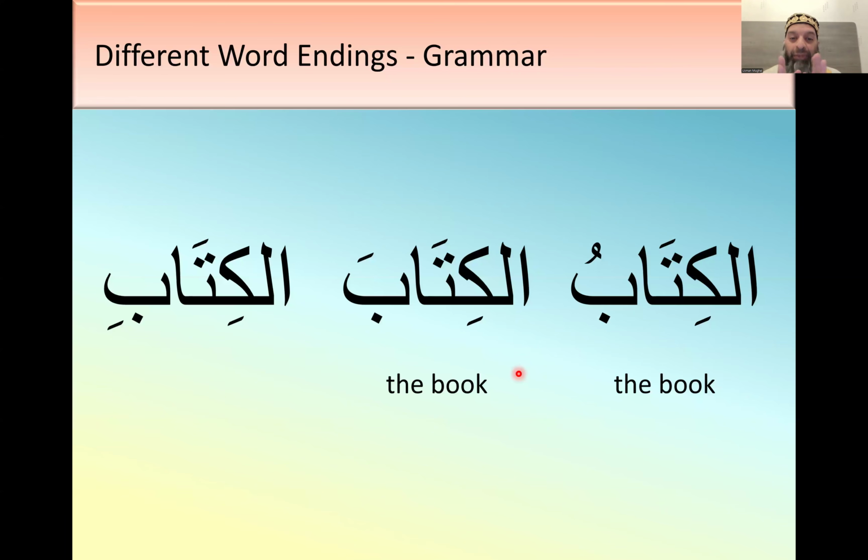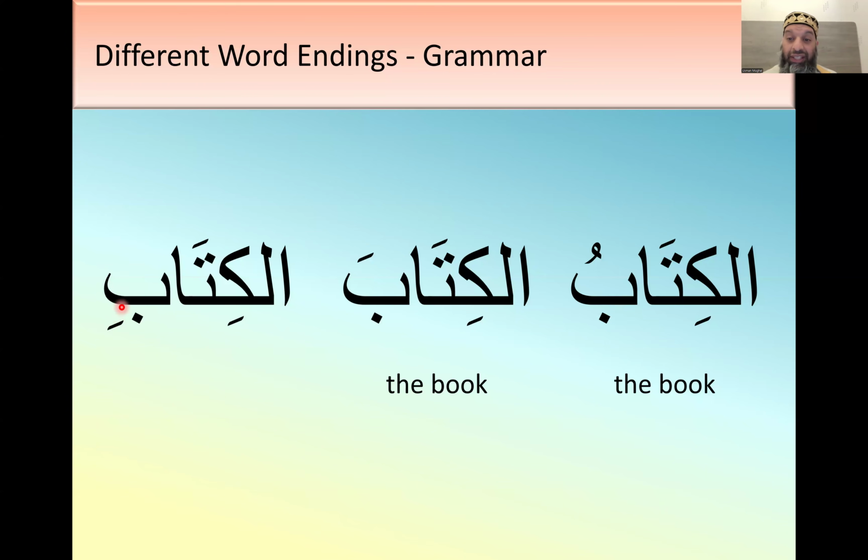The word still means the same. You could just say al-kitab, and you could even drop the ending. If you stop there, you'll just say al-kitab. Does the meaning change? No, it's the same word. So when you put the grammar ending on al-kitabu, al-kitaba, al-kitabi, the meaning of the word does not change.